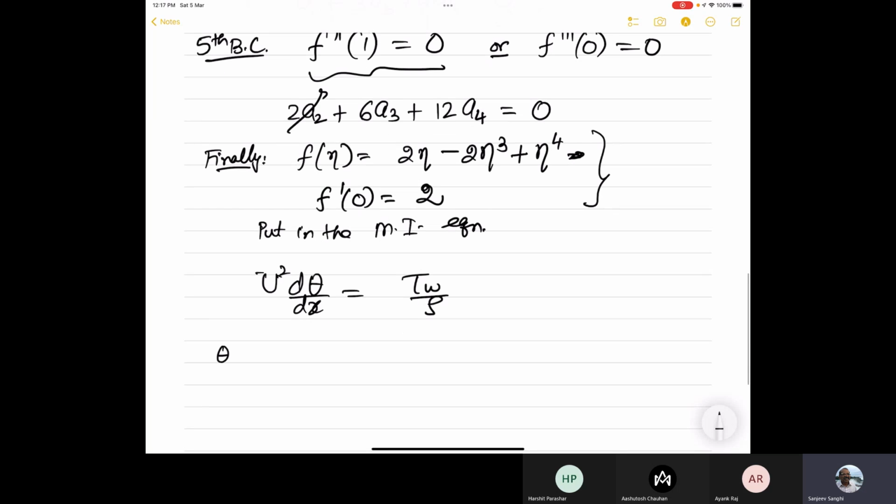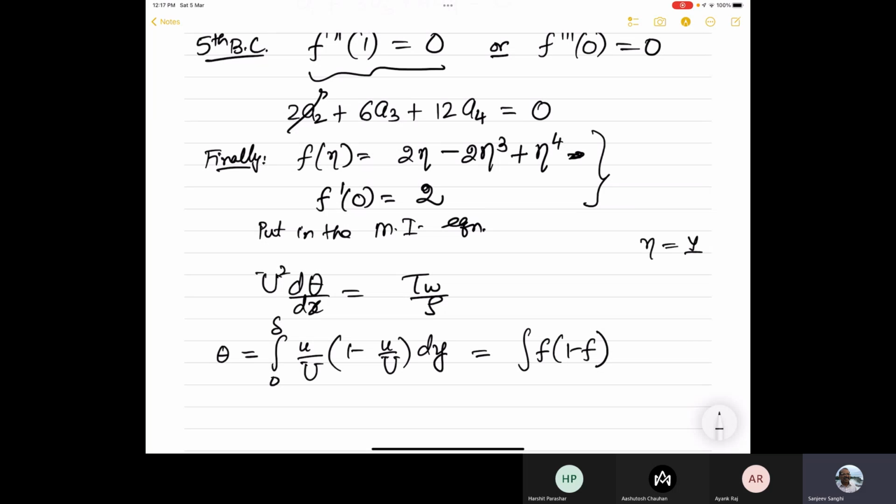So first let's work out what theta is. Theta is equal to the integral from 0 to delta of small u upon capital U, and this will become equal to f into 1 minus f dy. So eta is equal to y by delta.